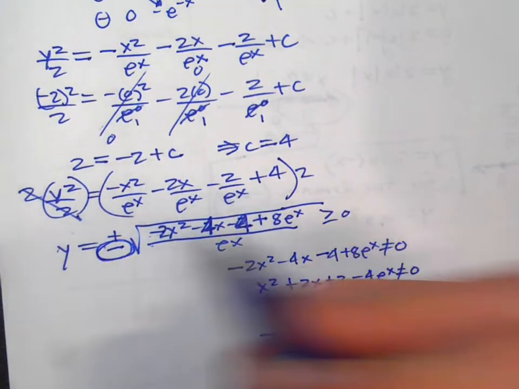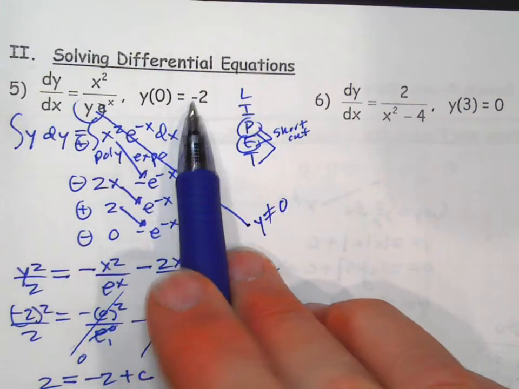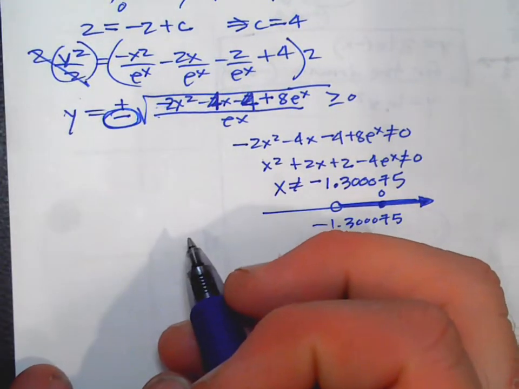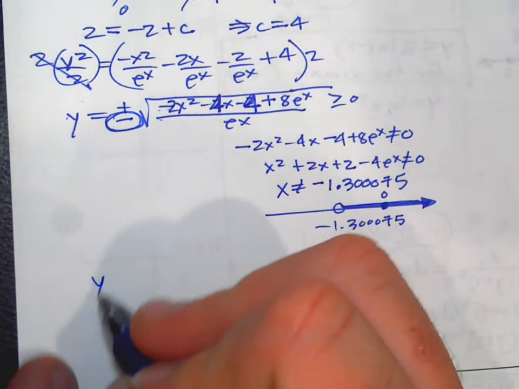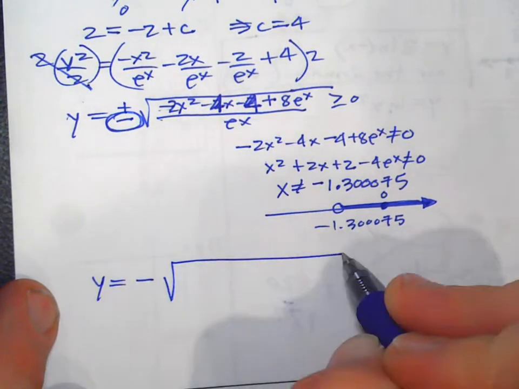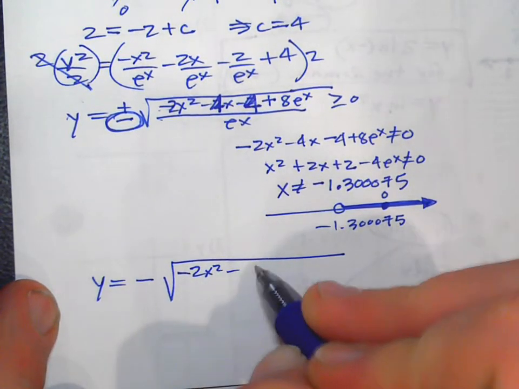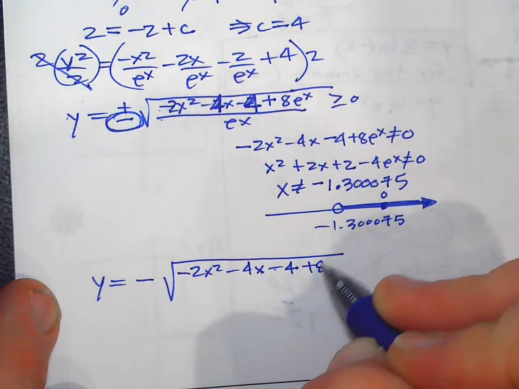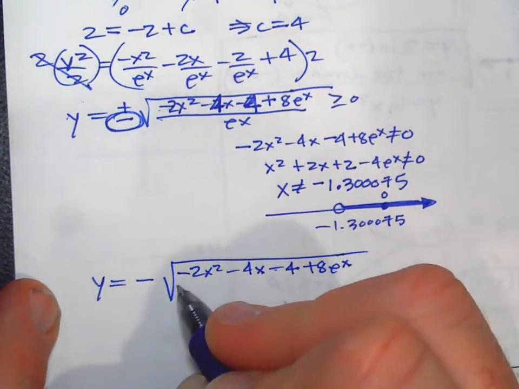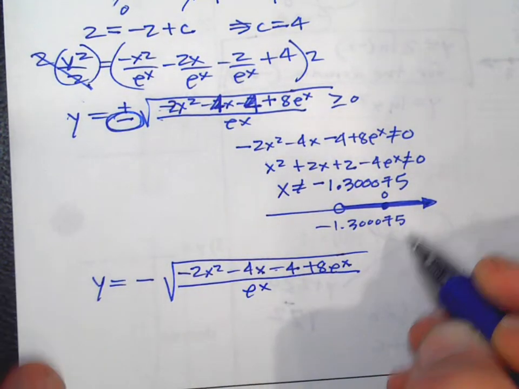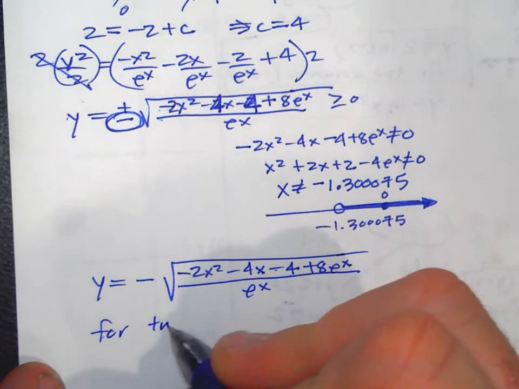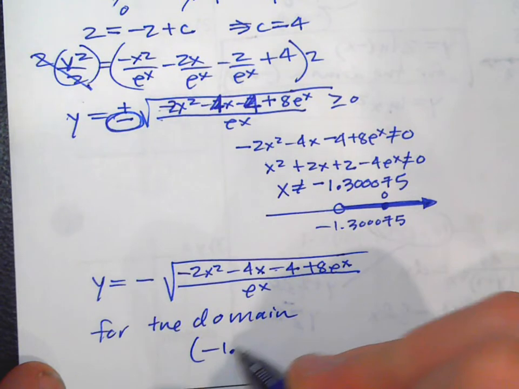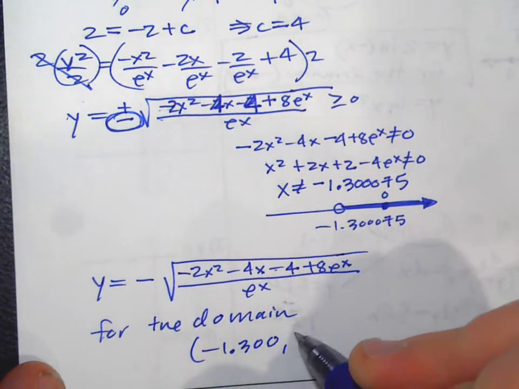Now, we got to decide if it's positive or negative, by the way. It's actually negative because you need to get negative 2 when you plug in x equals 0. So our final answer is y equals negative square root of negative 2x squared minus 4x minus 4 plus 8e to the x all over e to the x, for the domain negative 1.300 to positive infinity.